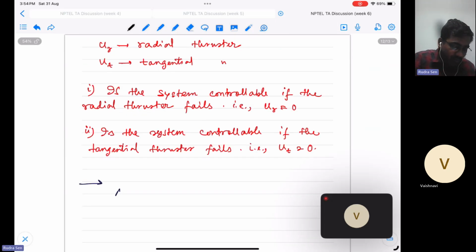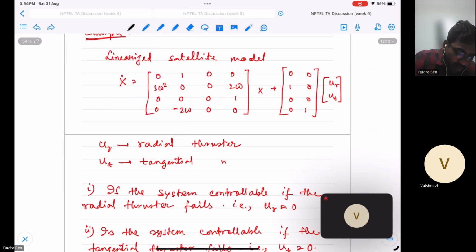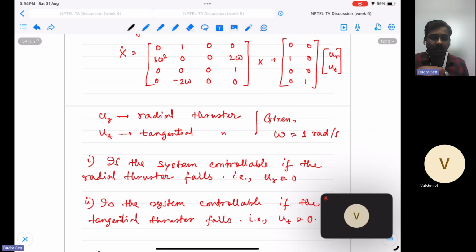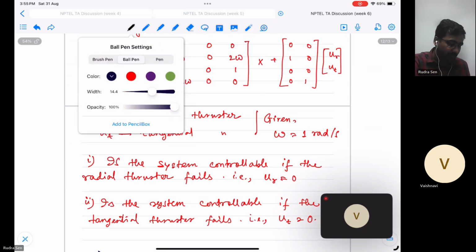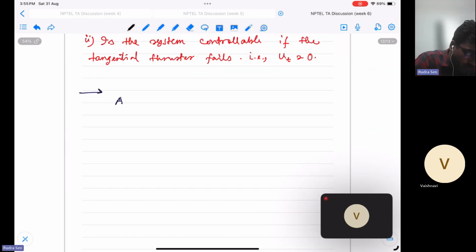One thing that I forgot to put over here: you are given omega equals 1 radian per second. The angular velocity is 1 radian per second. So put the value of omega over here.